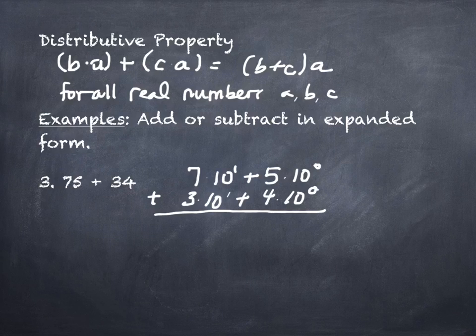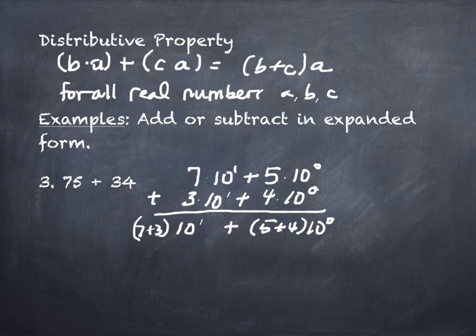Notice you've got 5 and 4, and they're both times 10 to the 0, so this could be written as 5 plus 4 times 10 to the 0. That's the distributive property at play there, moving from left to right. We've got two numbers, each multiplied by 10 to the 0, so we can add those numbers together. And we can do the same thing for the 7 and the 3: 7 plus 3 times 10 to the first.